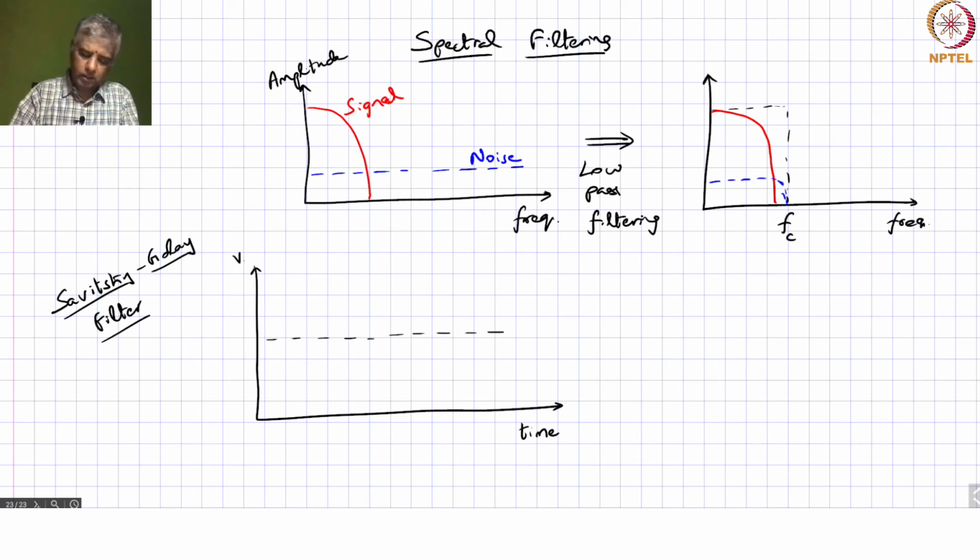So this is once again the voltage as a function of time. So what does a Savitzky-Golay filter do? Well, as before, we have all these samples, right? So there are these noisy type of samples.